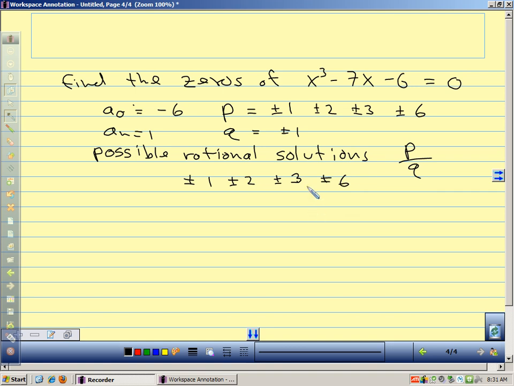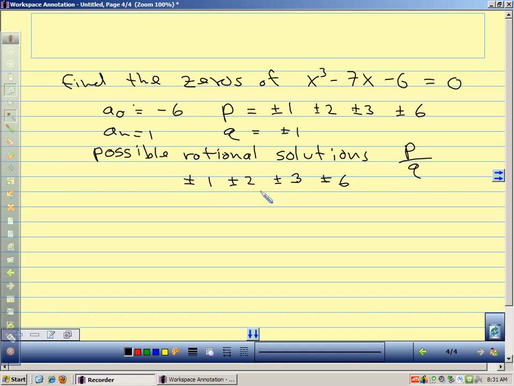Those are our only possible rational solutions. So this gives us a list of numbers that we can use to start finding our factors. Now we're just going to test some of these.